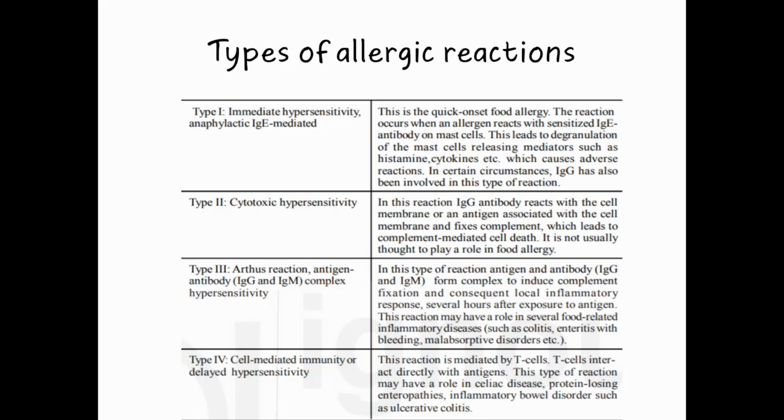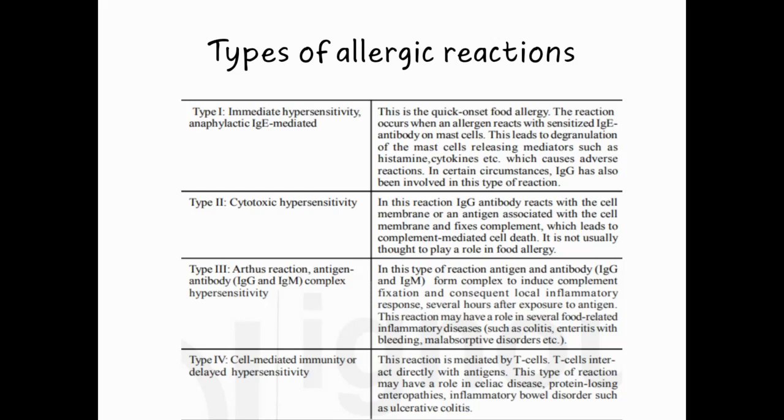Type 2 is your cytotoxic hypersensitivity. Type 3 is Arthus reaction, antigen antibody or IgG and IgM complex hypersensitivity. And type 4 is your cell mediated immunity or delayed hypersensitivity. Okay, so these are the types.